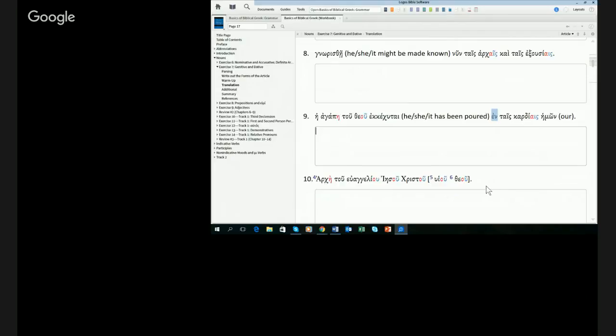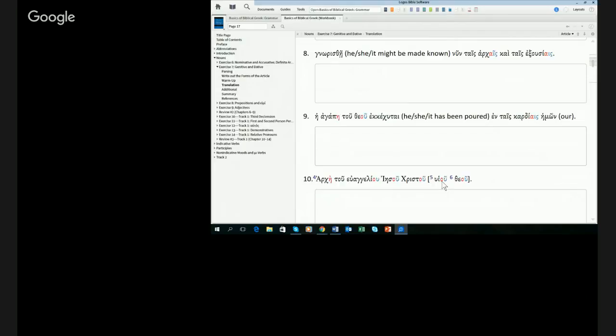When you are asked to explain the function of a noun, and the noun is the object of a preposition, as it is here, en tais kardiais, the answer is kardiais is functioning as the object of the preposition in.